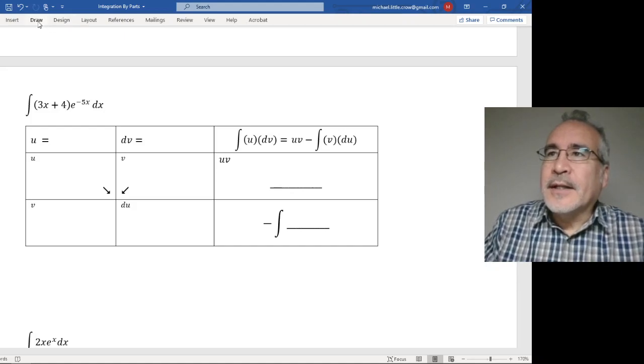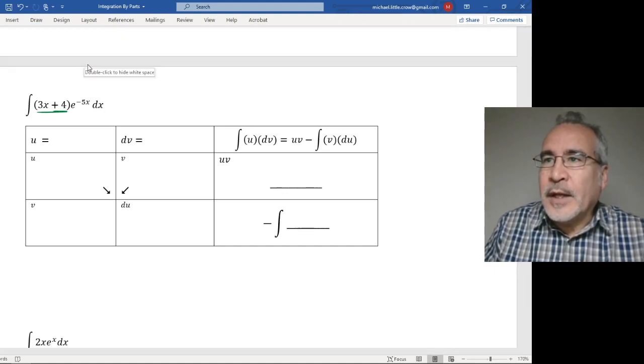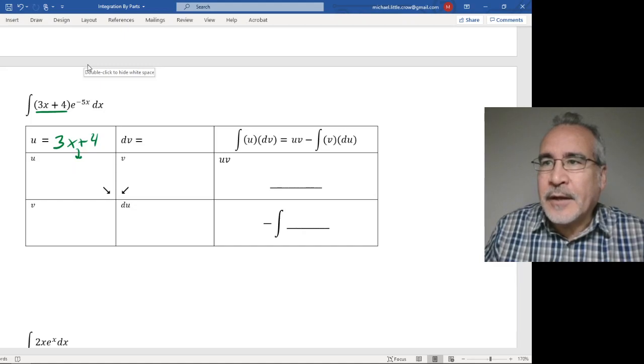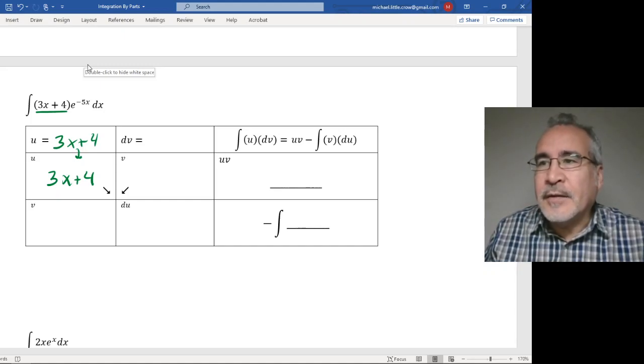So what we want to do is make the part that's going to go away by the derivative right here the u, 3x plus 4. And while I'm at it, remember this just gets copied down. So let's take its derivative, and we'll see.